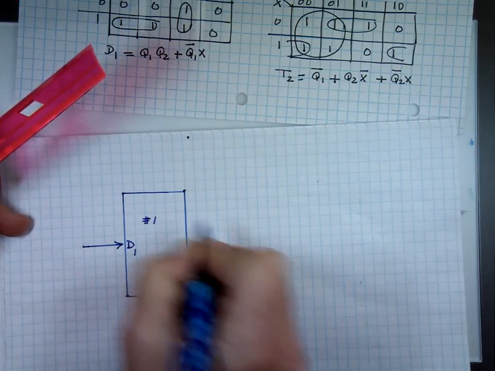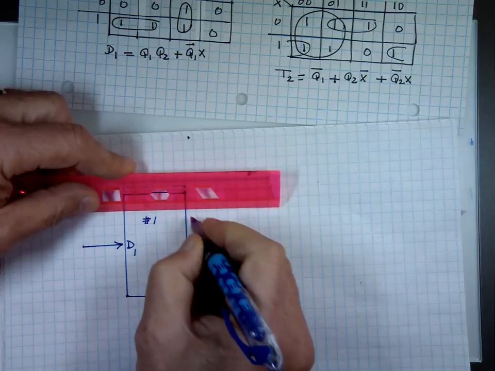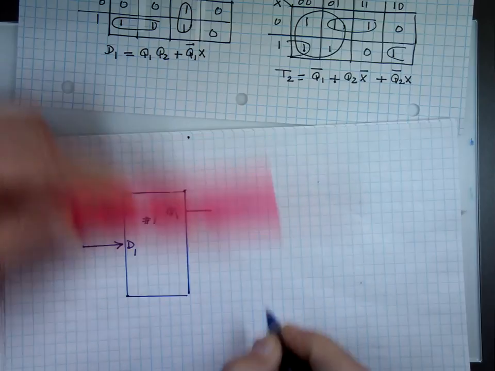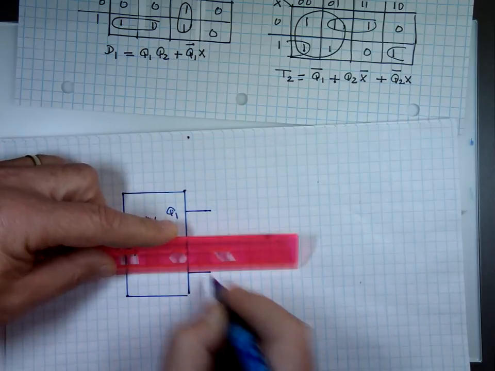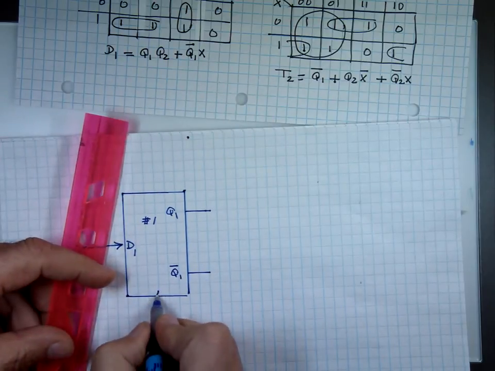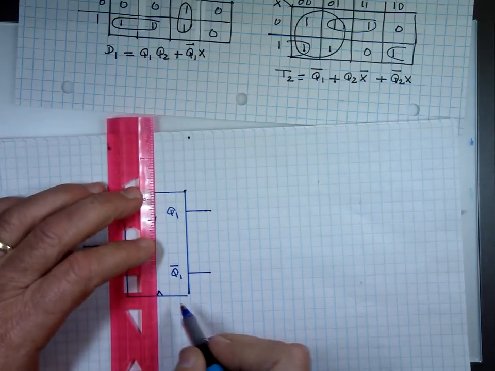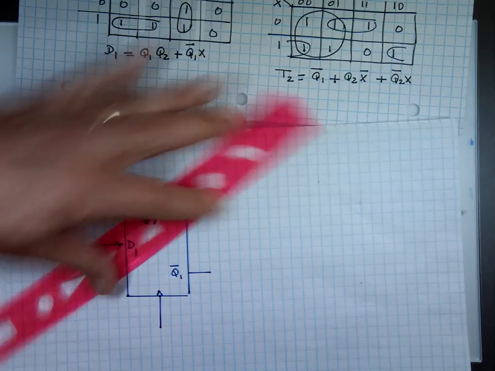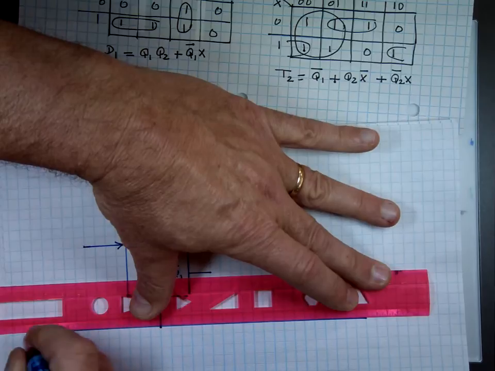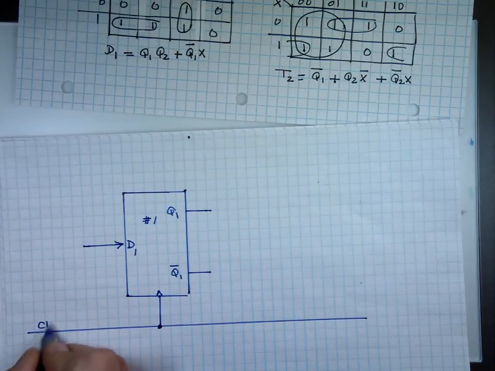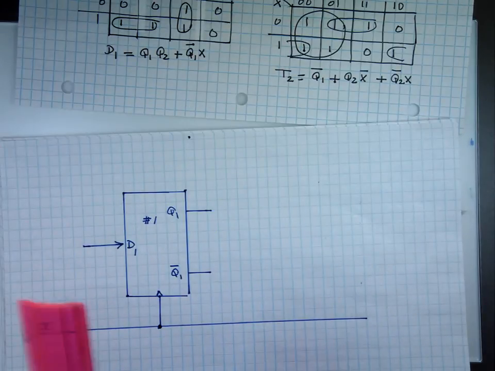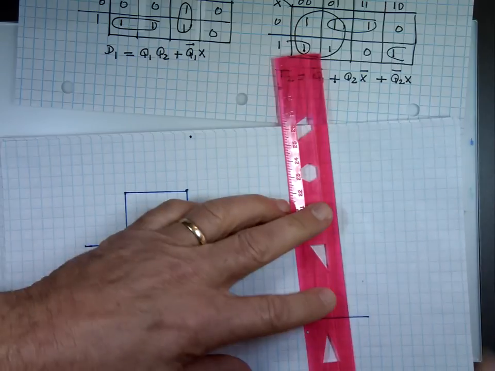It has two outputs: this is Q1 and this is Q1 naught. There's a clock here. And again, it depends on the flip-flop. It could work on the rising edge or the falling edge, the leading edge or the trailing edge. So we have another flip-flop here.